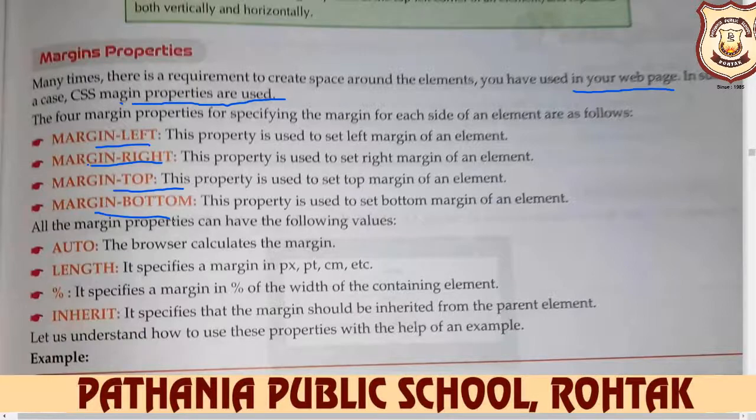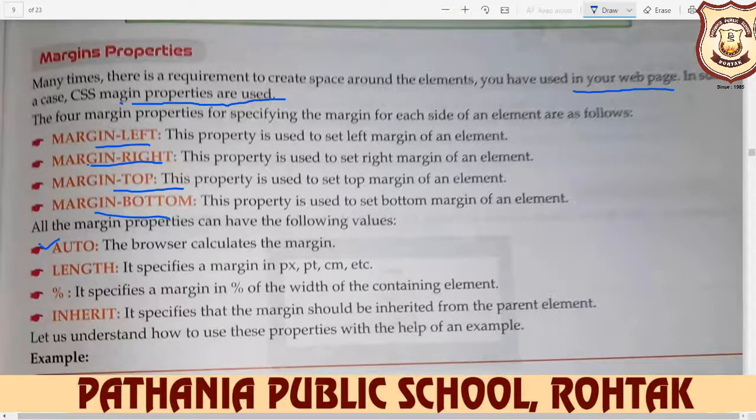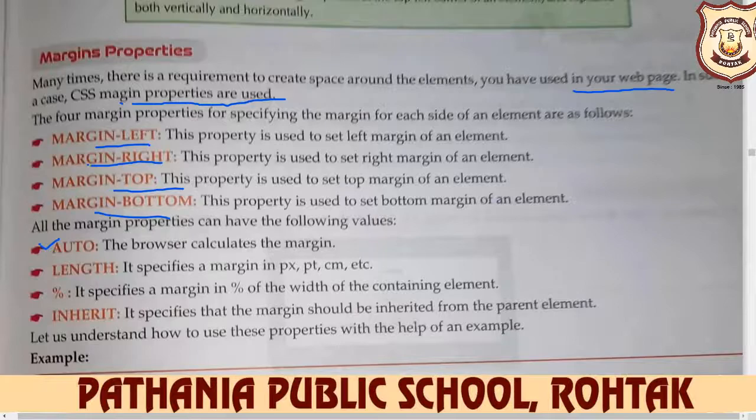All the margin properties can have the following values. These are the properties: margin-left, margin-right, margin-top, and margin-bottom, but the value is auto. The browser calculates the margin. Auto means automatic. It calculates your margin automatically.